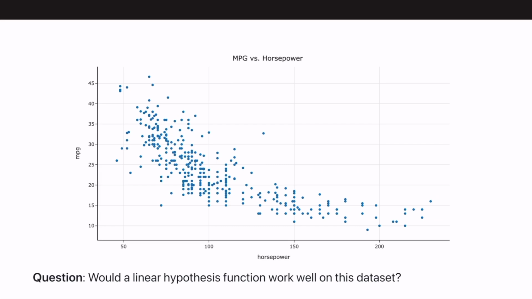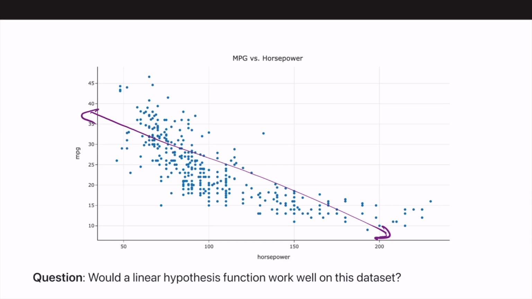So we had this relationship between miles per gallon and horsepower in this example we were going through. We said before that if you take a linear approach to trying to model this data, you probably come away with something roughly like this, which is not too bad.